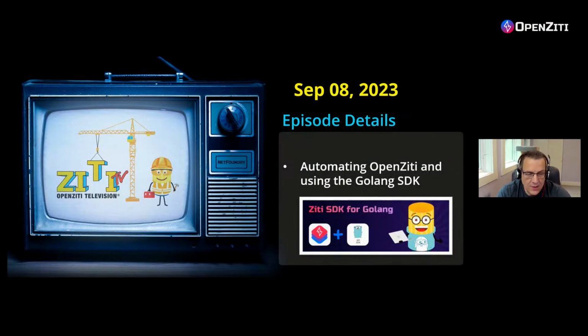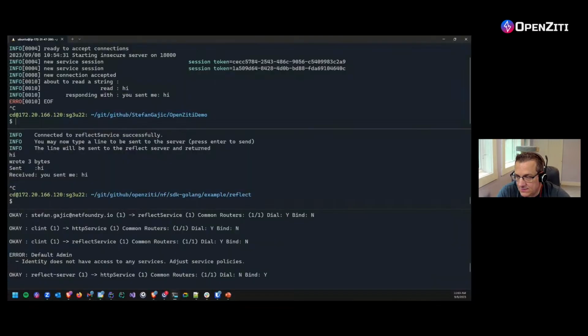All right, with that little intro, let's talk a little bit about automating OpenZiti. OpenZiti is, of course, built API-first, so there's an API for everything. Let's take a look at the Ziti CLI.